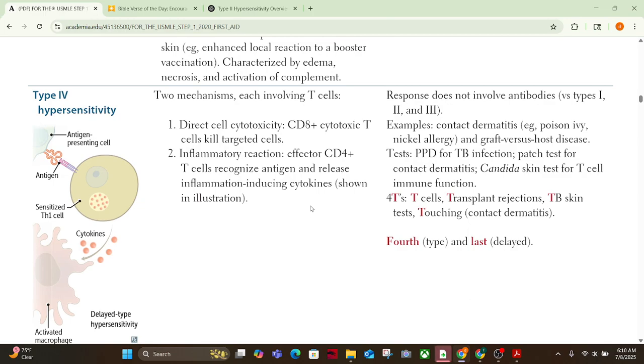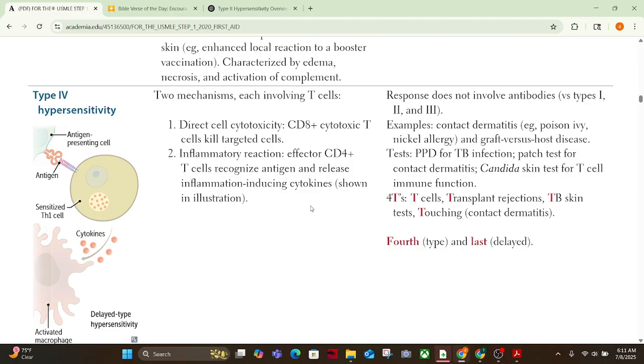So, you have to know that direct cell toxicity is when the CD8 positive cytotoxic T cell kills other cells by secreting perforin and enzymes. And the inflammatory reaction, where first it talks about effector CD4 positive T cells recognize antigen and release inflammation inducing cytokines.